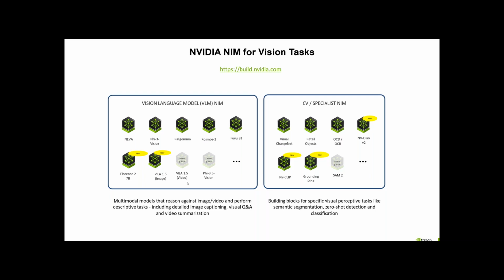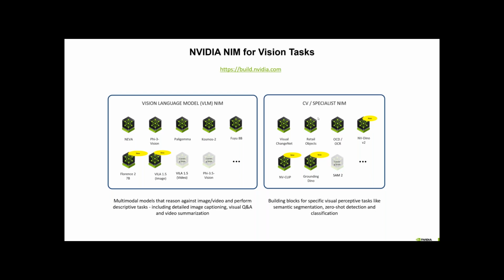There is a video model coming up, Vila 1.5 for video, and there's going to be multiple that are going to be available. The idea of this trial site is to enable you to try out vision language models. You can try out to see which one works for you. It is available for trial for all developers, everywhere.